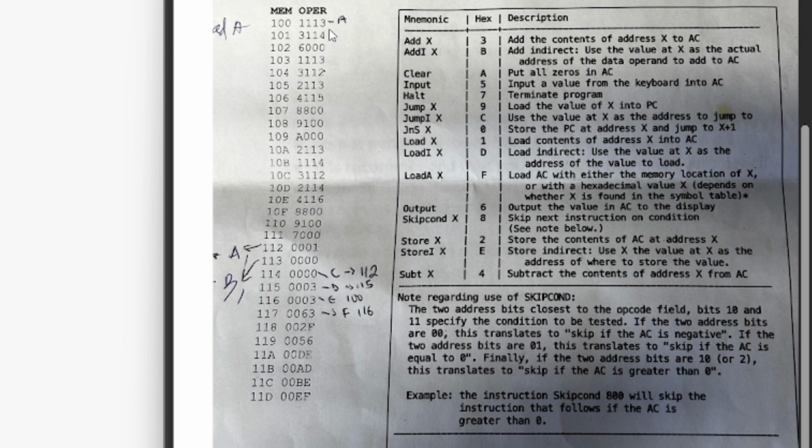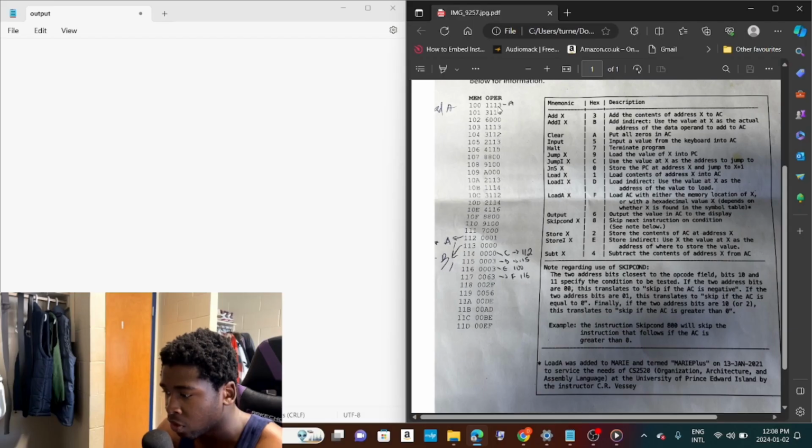So add 113, basically that's what it means. Then wherever it starts with zero, which is down here, this is the space where it's storing it into. Okay, so add 113, but we don't want to see add 113.